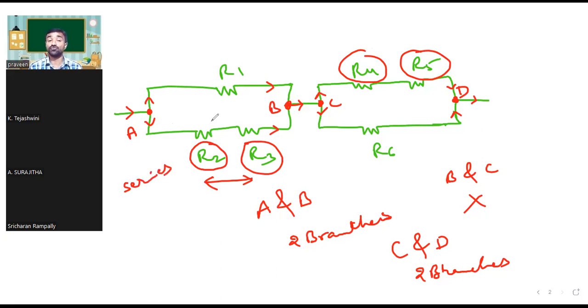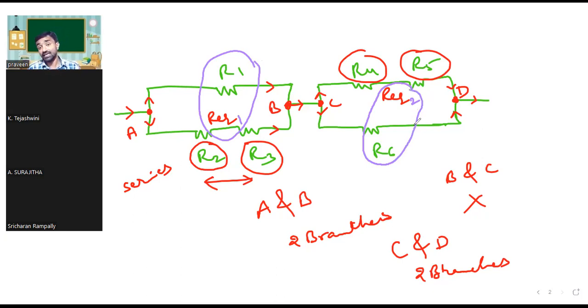So first of all, you need to find out the equivalent resistance in this. Then here also you need to find out the equivalent resistance. This equivalent resistance Req in the first loop will be in series combination, in parallel combination with R1. Then R equivalent in the second loop, Req2, in parallel combination with R6.